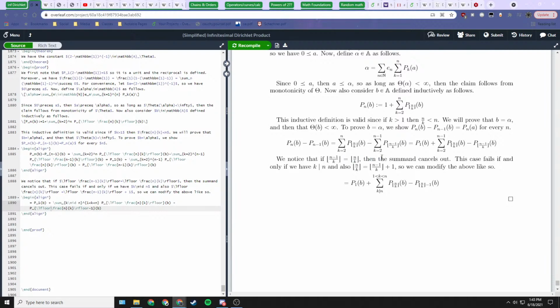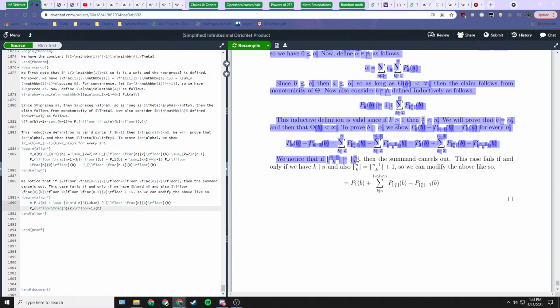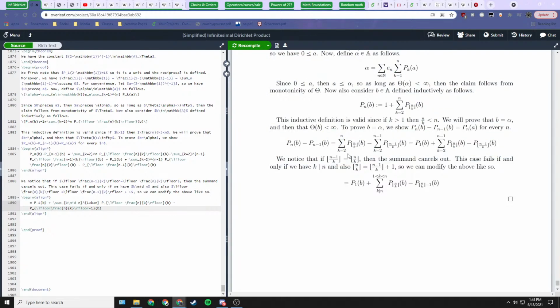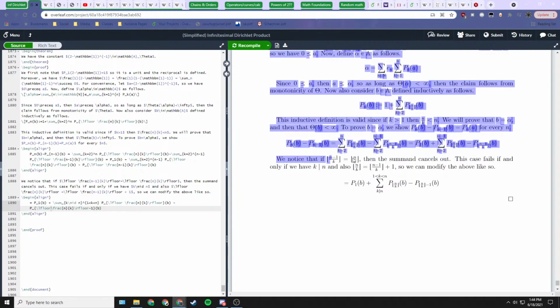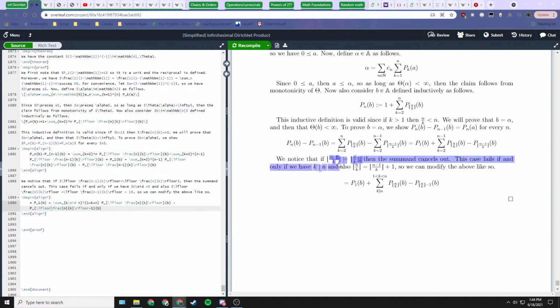The reason that this works is that this operation, floor of n over k, is essentially figuring out the largest number of k's that will fit into n. If these two are not equal, in particular n over k is greater than n minus 1 over k, and floor is a non-decreasing function.